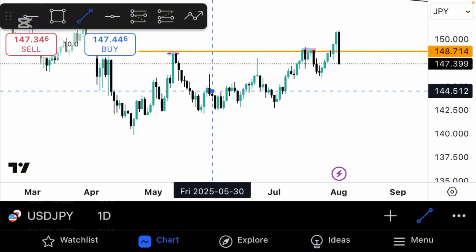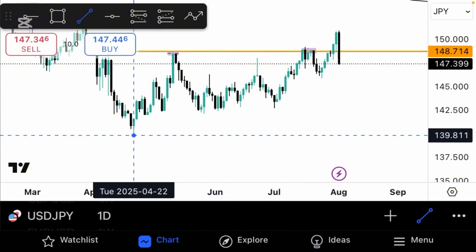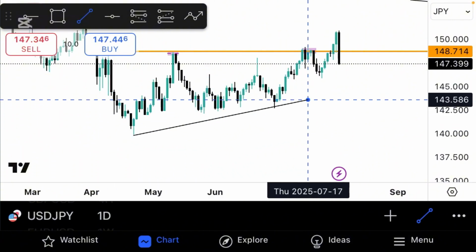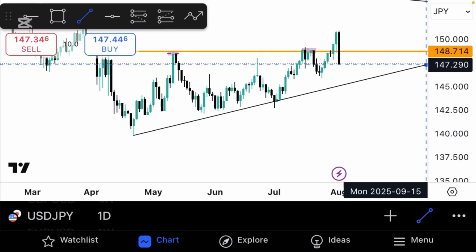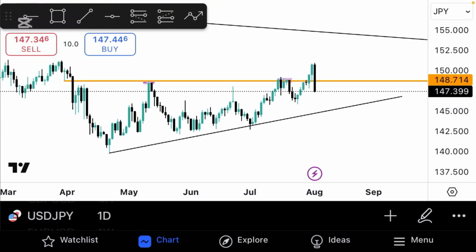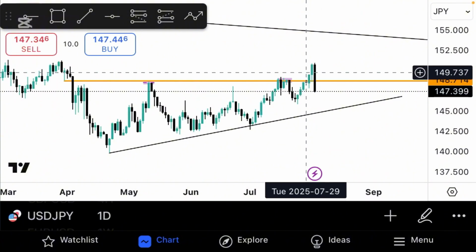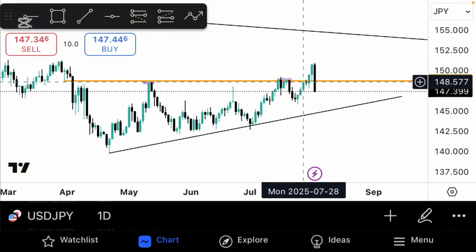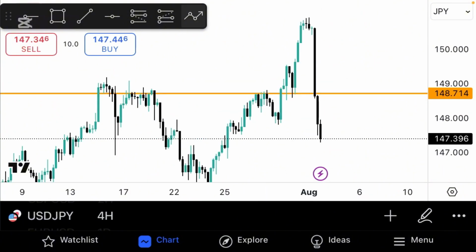Then we mark out our trend line. We have a significant trough here, another significant trough here. Then we extend it to the right side of the chart. As you can see, when a resistance zone is broken, that resistance zone automatically turns to support.